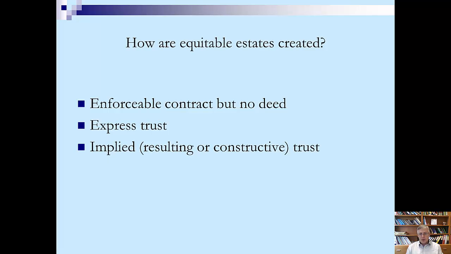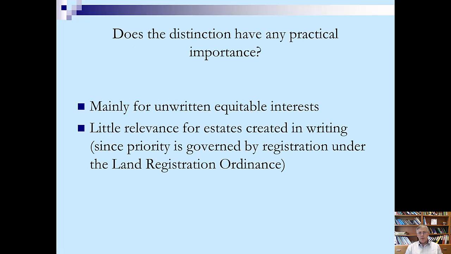So it might arise because there's a spoken agreement between the parties that they're going to share the ownership of land, or the courts might infer a resulting or constructive trust from the fact that the party whose name is not on the title deeds has made financial contributions to the purchase price or to the payment of the mortgage instalments.